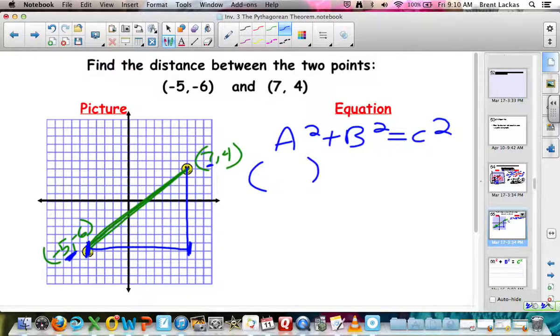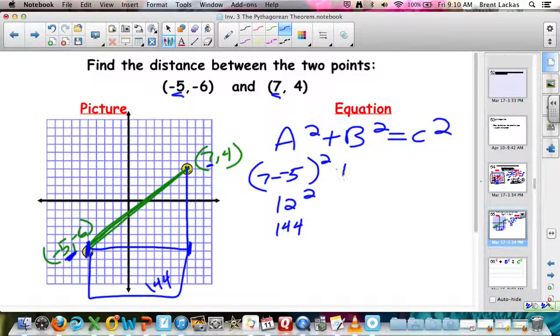Here's a computational way of doing this. I take my x-coordinates and subtract them. So that leg is 12, and therefore the area is 144. The vertical distance, right here, let's consider the temperature of 6 degrees below 0. And it climbs all the way to 4 above 0.